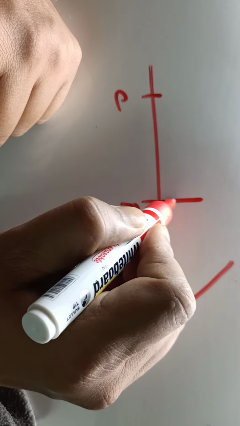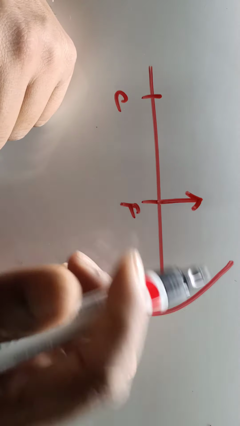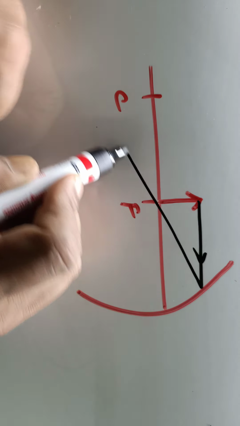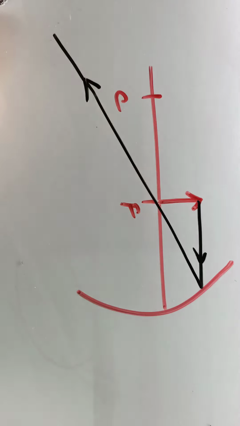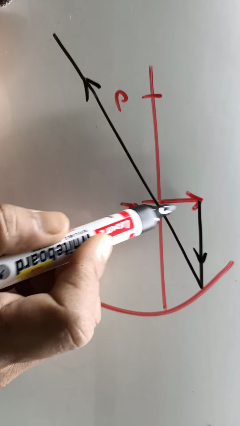So if the object is kept at F, right, where will the image be formed? So for that, what you do is, a ray of light travels parallel to the principal axis. After reflection, it passes through the focus, right? Now I can't take another ray of light to pass through the focus because the object is at focus.